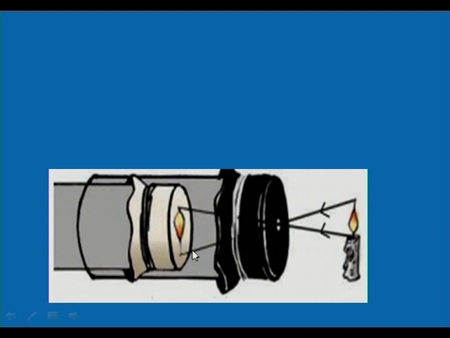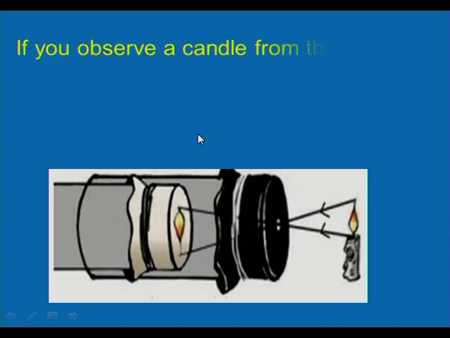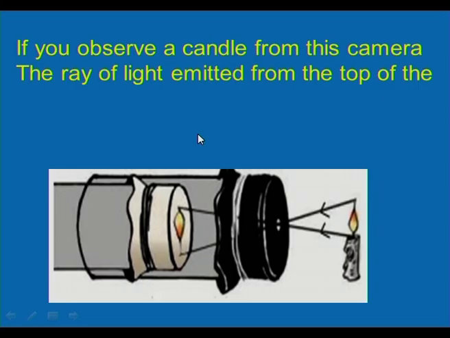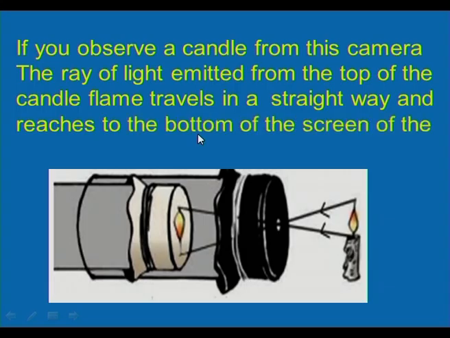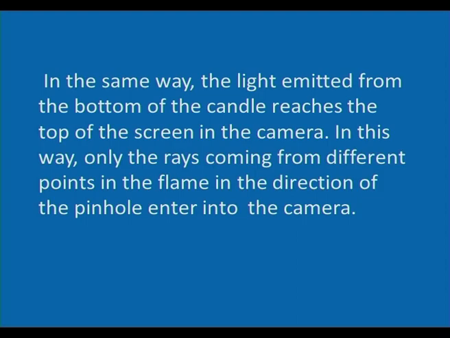Now, what is happening? The position is reversed, an inverted position. Why is it happening? Let us see. If you observe a candle from this camera, the ray of light emitted from the top of the candle flame travels in a straight way and reaches the bottom of the screen of the camera. In the same way, the light emitted from the bottom of the candle reaches the top of the screen in the camera.